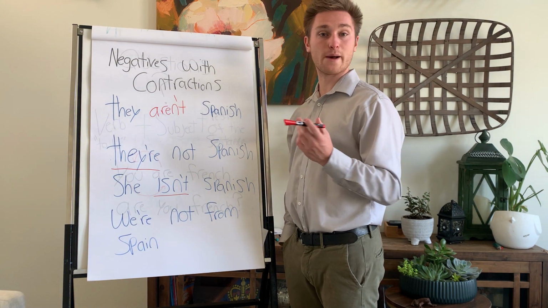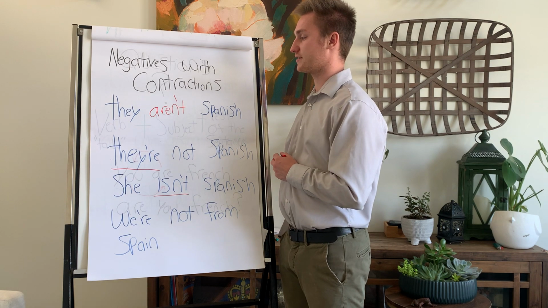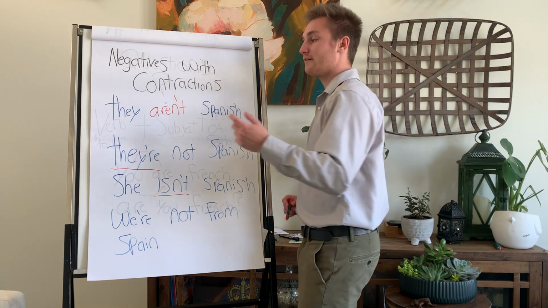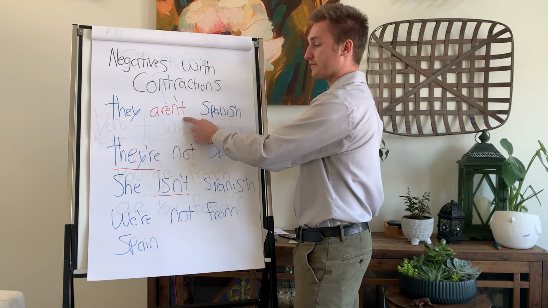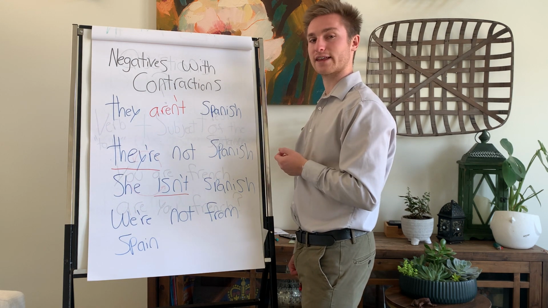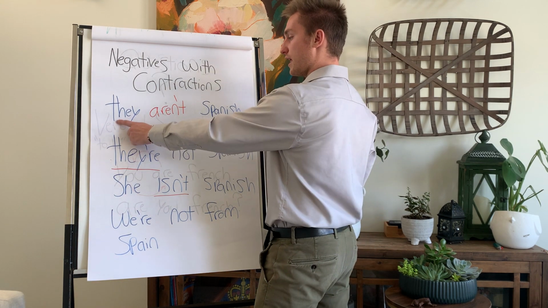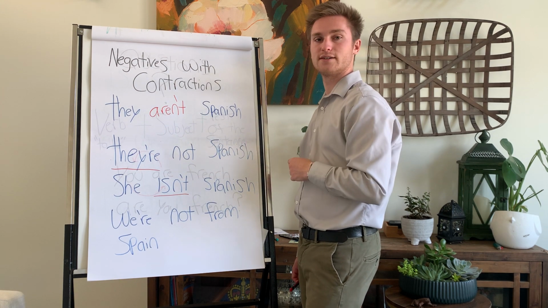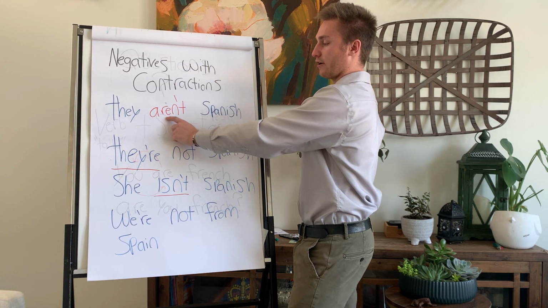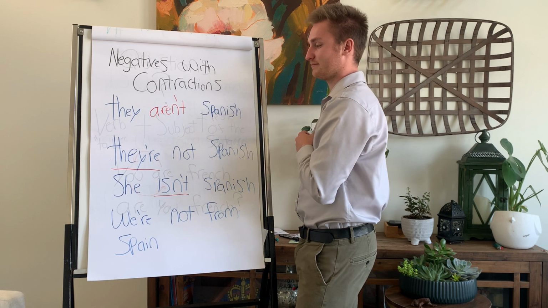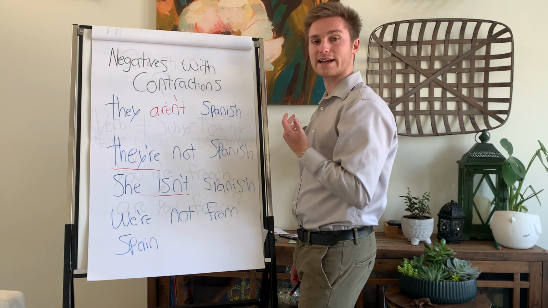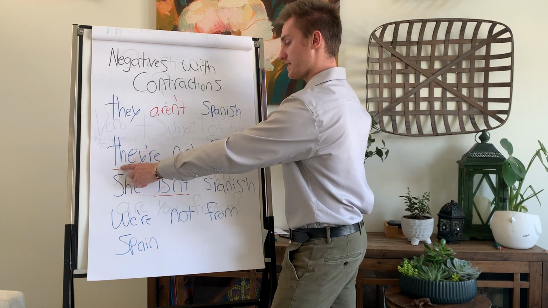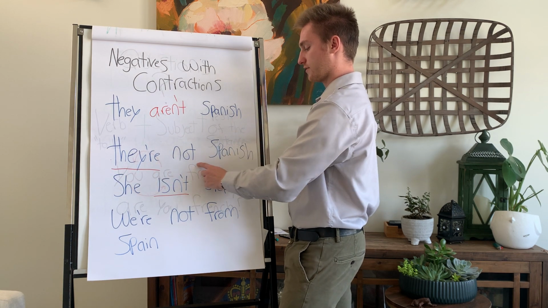Here are some examples with the contractions. The first one I wrote in red, so it's easy to recognize. They aren't Spanish. They aren't Spanish. Next up, they're not Spanish.